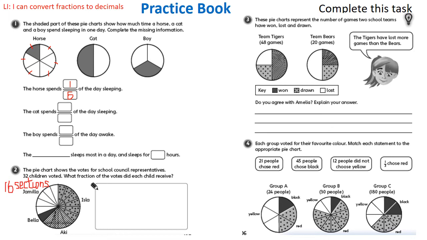So my denominator is going to be 16. I can then count how many sections each child got. So Isla, 1, 2, 3, 4, 5, 6.